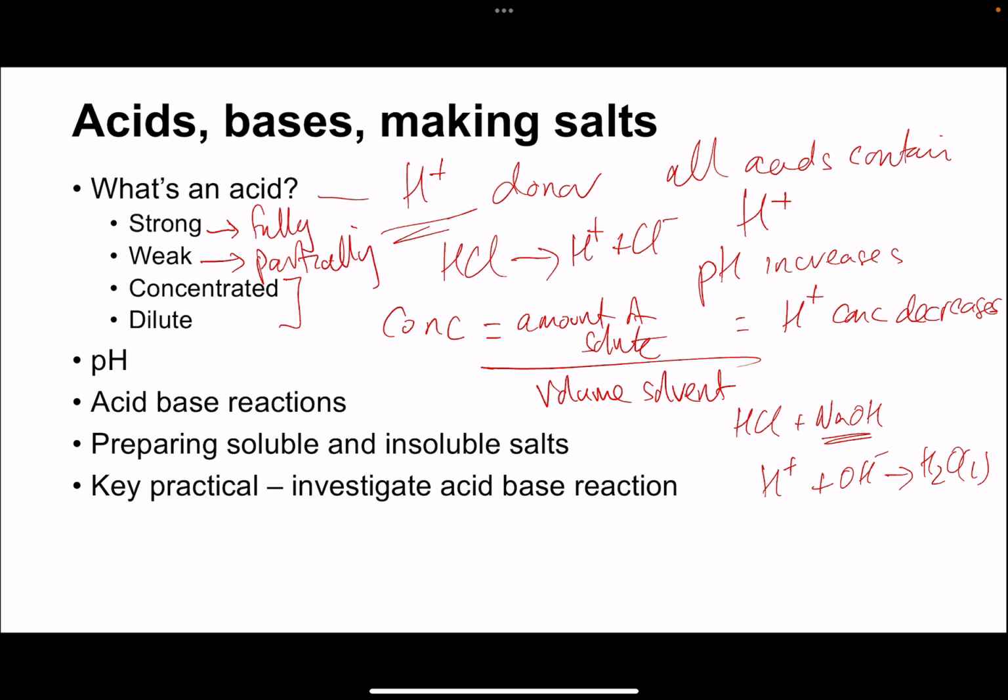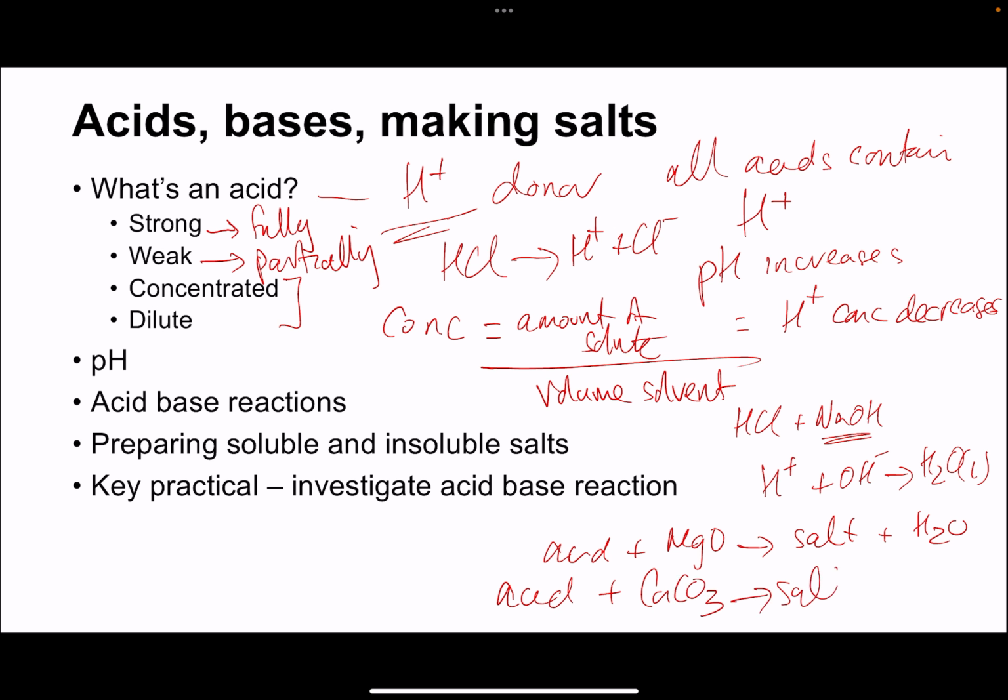Other important acid-base reactions: acid plus metal oxide forms salt and water, and acid plus metal carbonate forms salt, carbon dioxide and water. Learn these reactions. Just go through the reactions in your notes or revision guides.